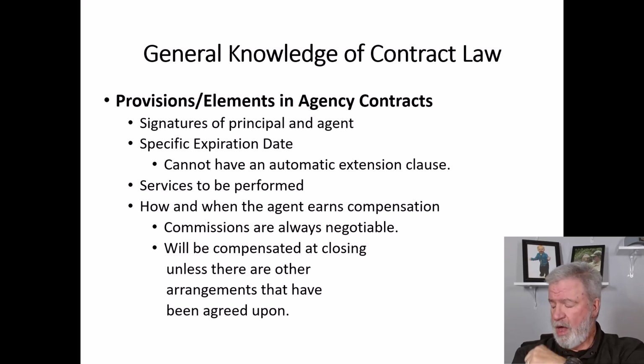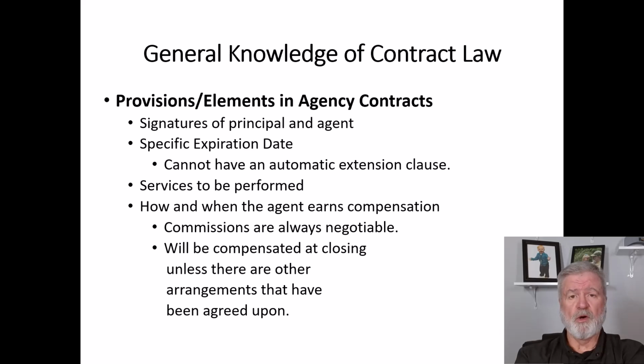I think most people, to include veteran agents, believe you've earned your commission once the transaction is closed. That is not what most agency agreements read. So in the market you're in, make sure you read your particular agency agreement.